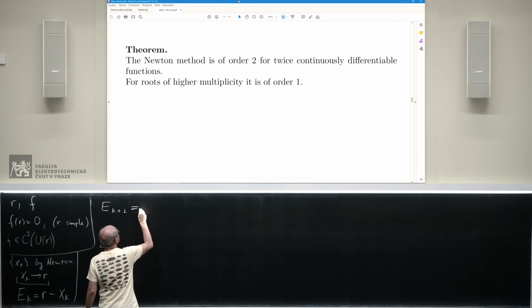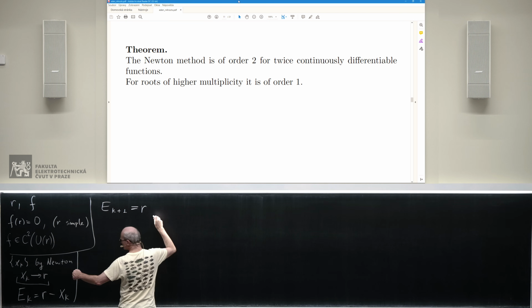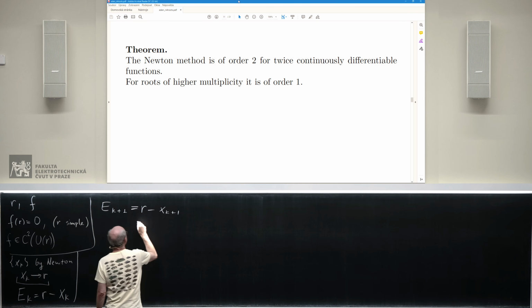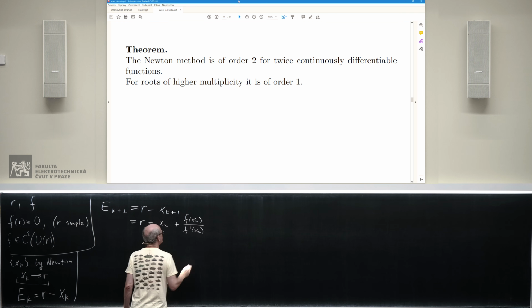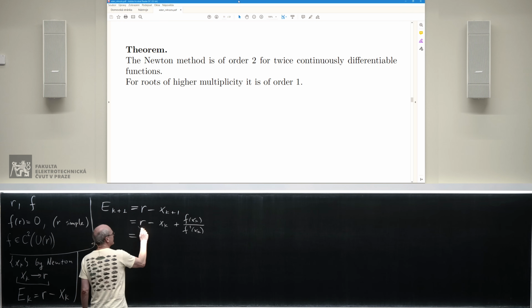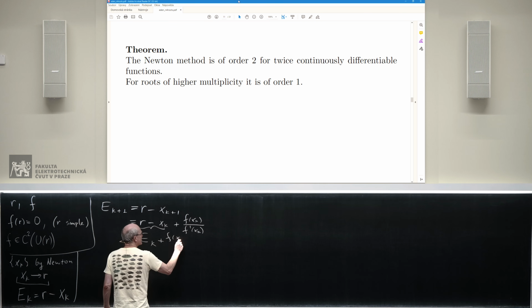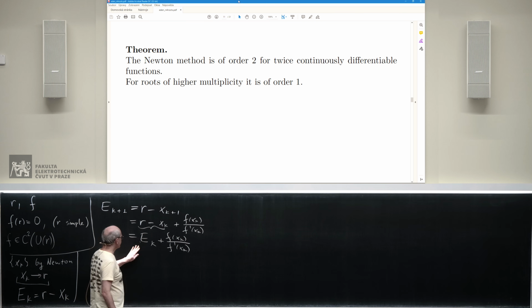Well, by definition, it's the actual result, the root, minus x_{k+1}. And then, of course, we can substitute for x_{k+1}, and we put x_k minus, and this minus gives me plus, f(x_k) divided by f prime of x_k, which can be written, and now I look here, and this is just e_k, plus f(x_k) divided by f prime of x_k. That's very nice.